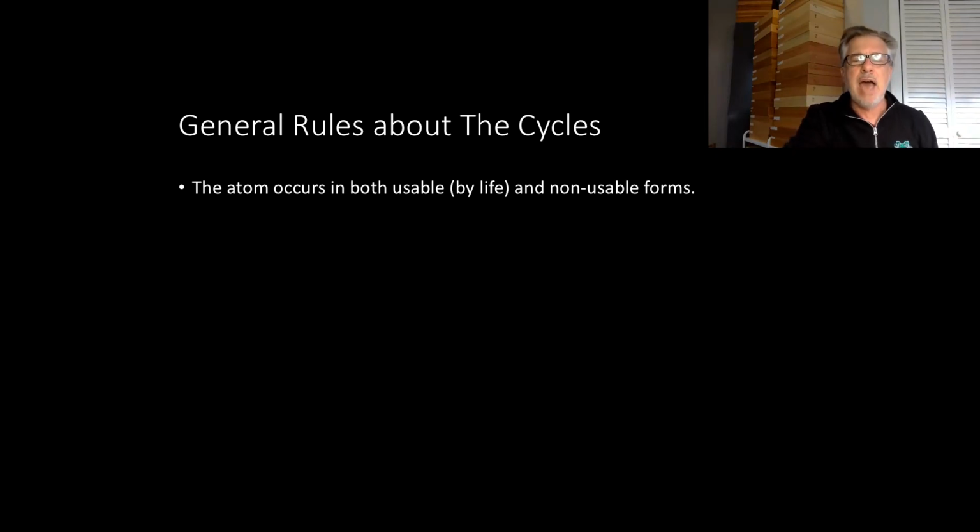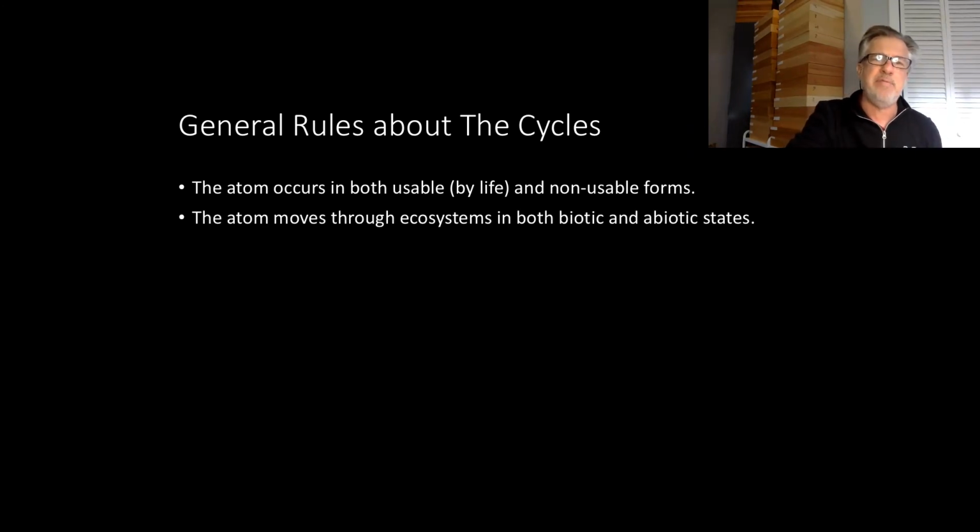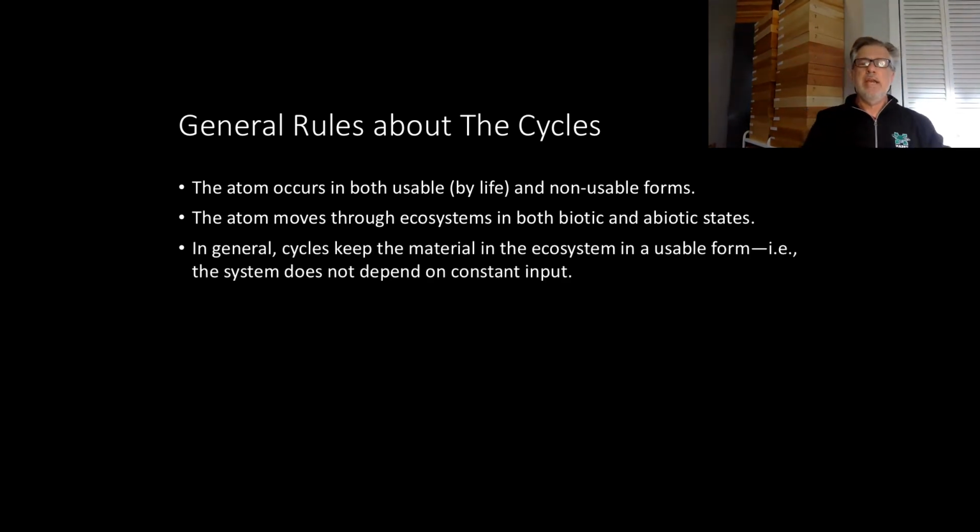Some general rules about the cycles that you will probably want to come back and read this slide after you have mastered the cycles once again, just so that you can see that they make sense to you, is that in many of the cycles, the atom occurs in both usable forms and non-usable forms. And when I say usable, I mean usable by life. The atom moves through ecosystems in both biotic and abiotic states, meaning inside life and outside life. In general, the cycles keep the material in the ecosystem in a usable form.